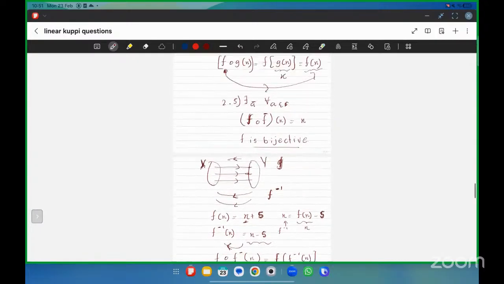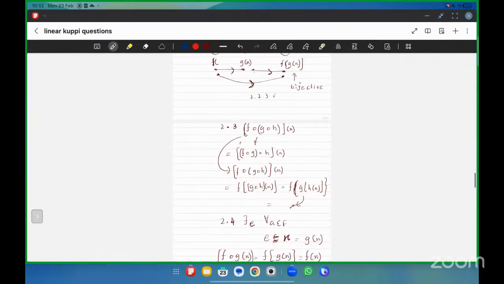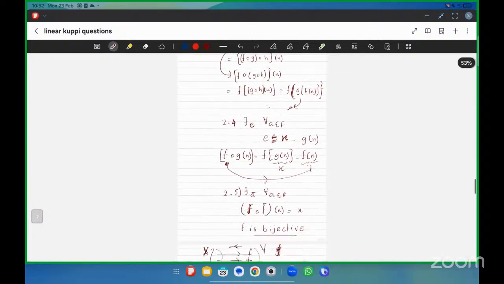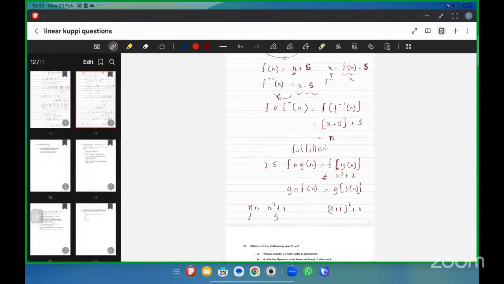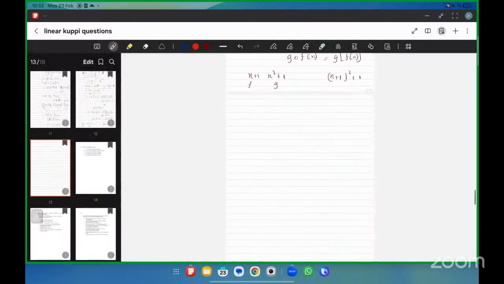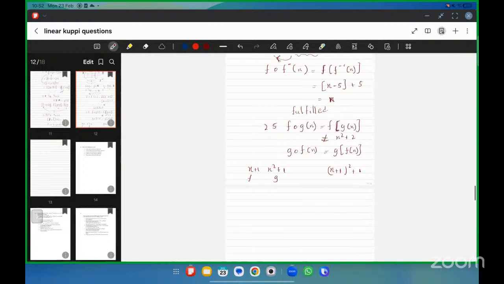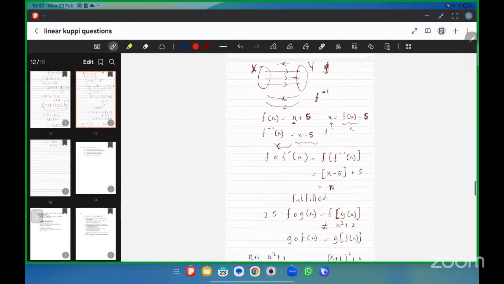Then the second condition is not fulfilled, so we can say it is not a field. The third and fourth we can check later.